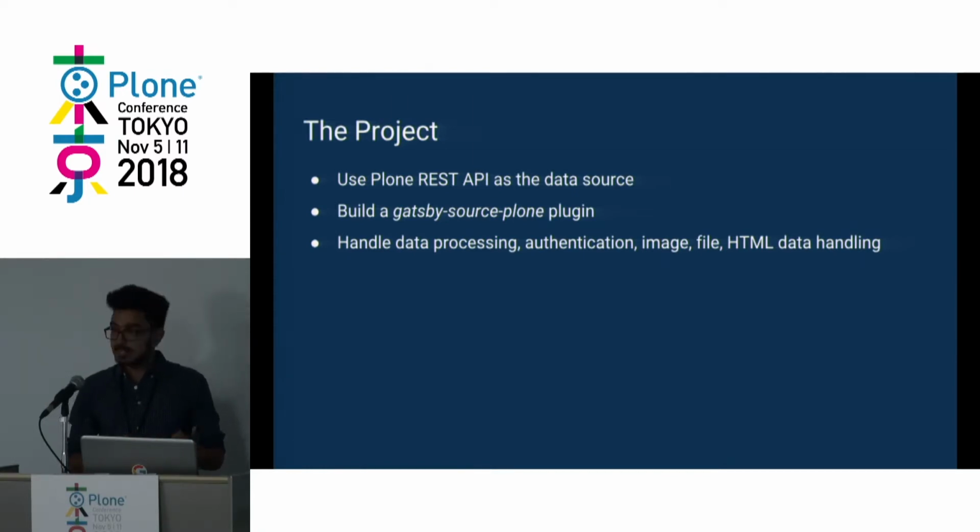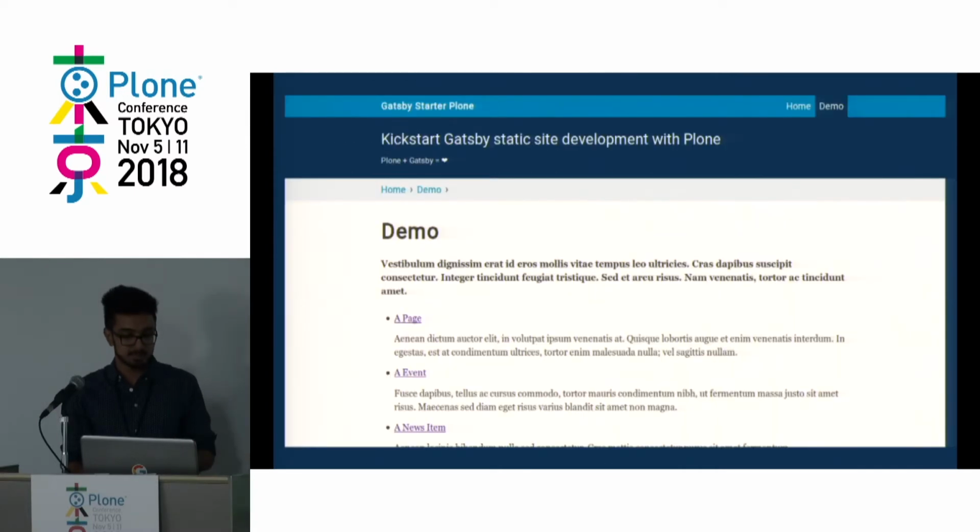So we have a couple of features like the data processing feature. We have authentication, image, HTML file, all of that handled by the plugin itself to be used in the best way possible in your Gatsby site. And a Gatsby starter Plone so that you can get started with your Gatsby site in the fastest way possible.